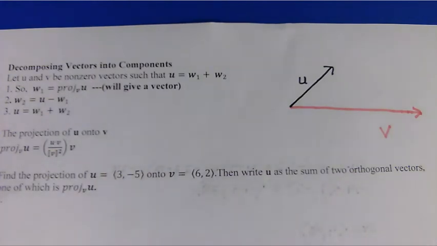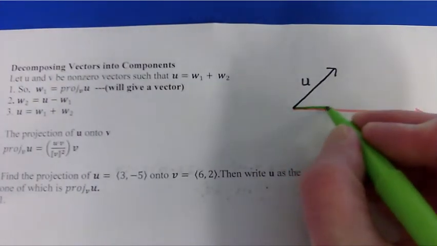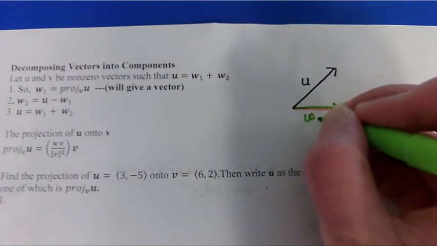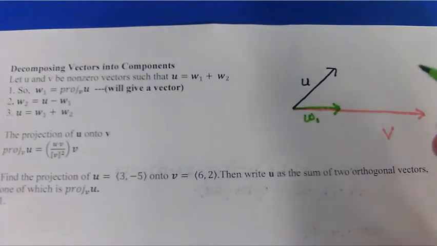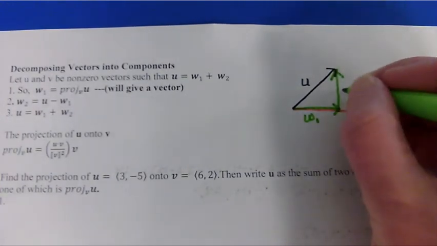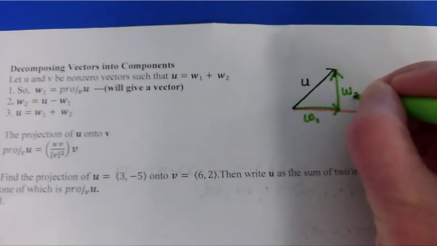So we have this x component. I'm going to call that w1. And we have this vertical component. Call that w2.